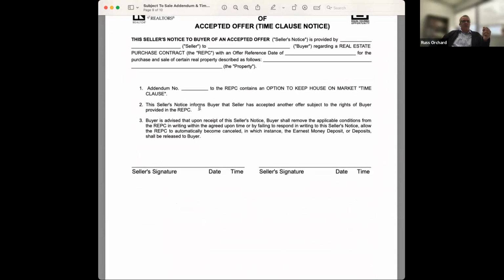This seller's notice informs the buyer that the seller has accepted an offer subject to the rights of the buyer provided in the REPC, and the buyer is advised that upon receipt of this notice, buyer shall remove the applicable conditions from the REPC in writing within the agreed time frame, or by failing to respond in writing to the seller's notice, allow the REPC to automatically become canceled, in which instance the earnest money deposit or deposits shall be released to the buyer.